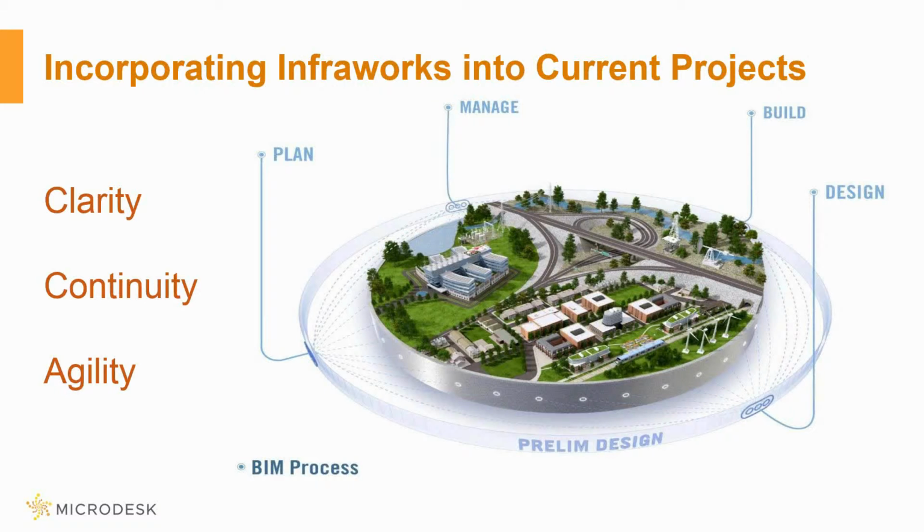Continuity, as in having the ability to use the same data for greater consistency across the project life cycle. And then agility, which is being able to respond more quickly to change with processes that are smarter and faster. Okay, so you can see how you can incorporate InfraWorks and InfraWorks 360 into your designs to include clarity, continuity, and agility.